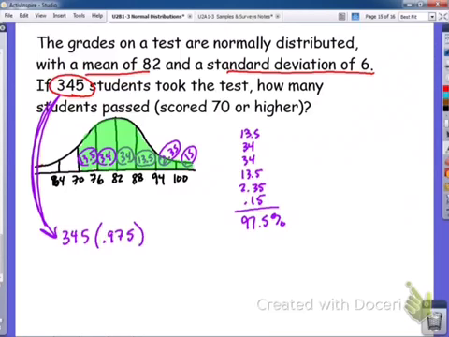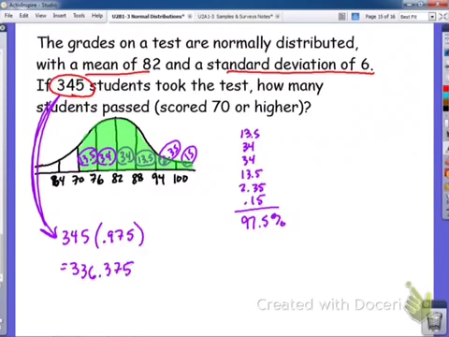Multiply it. And I heard some of you guys had a decimal answer, so let me just go ahead and give that to you here. 345 times 0.975. And my calculator says 336.375. Now, what does this mean?